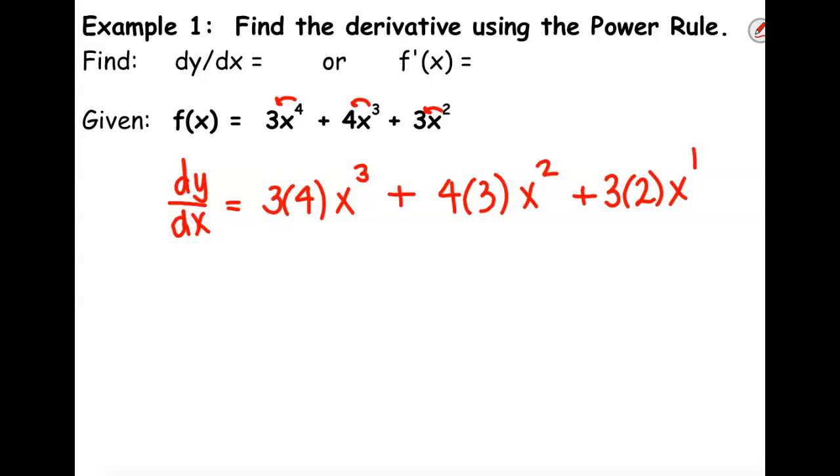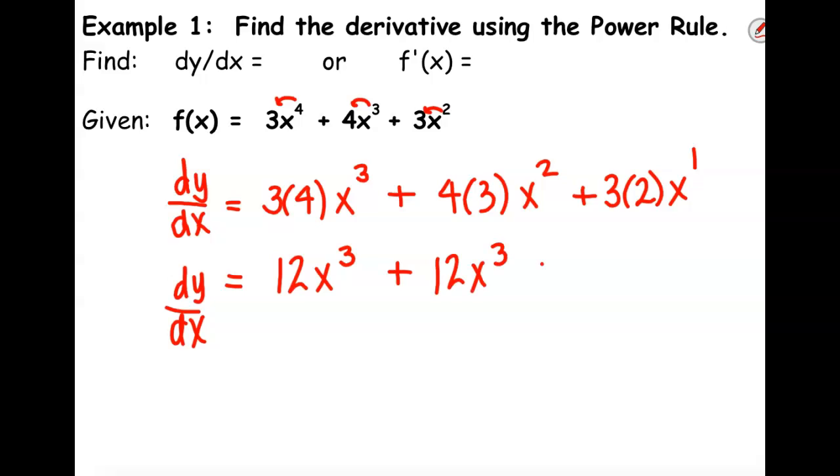Now we're ready to simplify. So dy/dx: 3 times 4 is 12x cubed, plus 4 times 3 is 12x squared, plus 3 times 2 is 6x. This should actually be a 2 here. So there's your derivative.